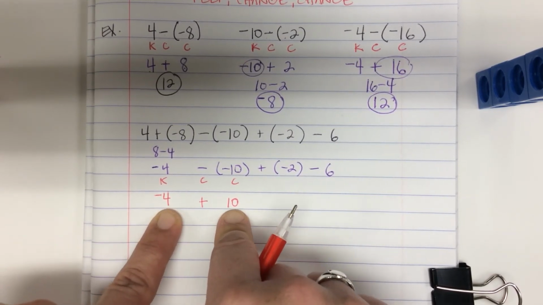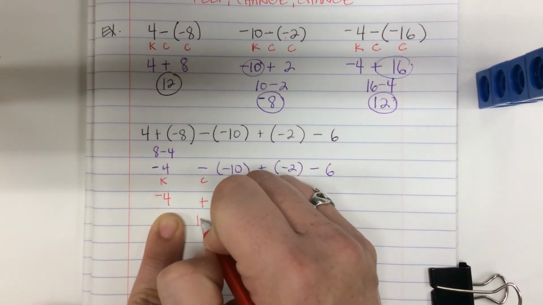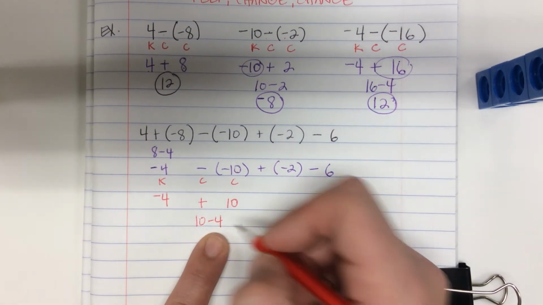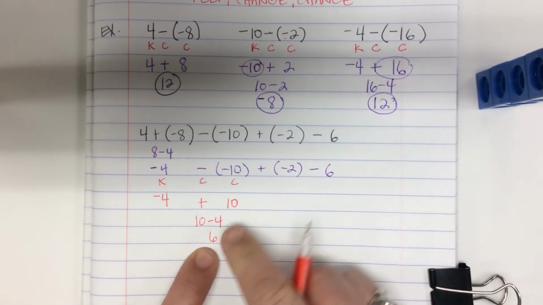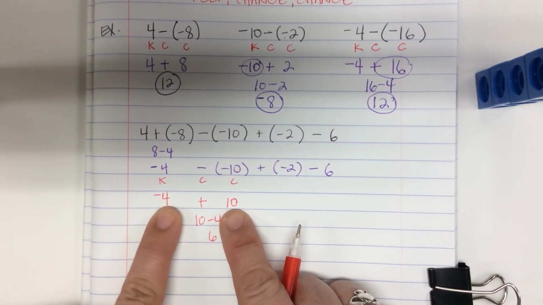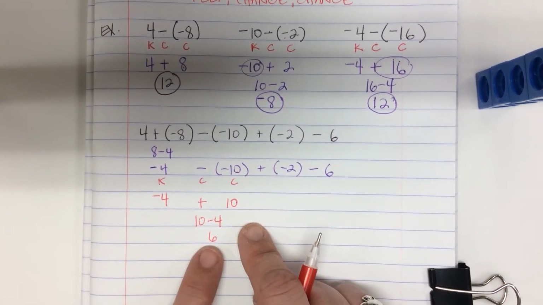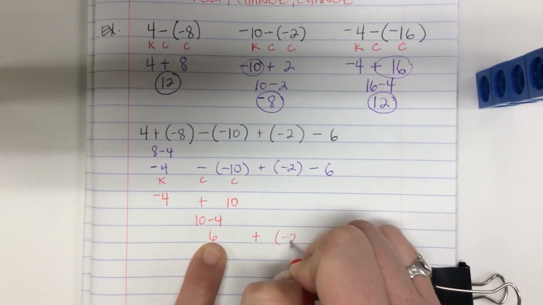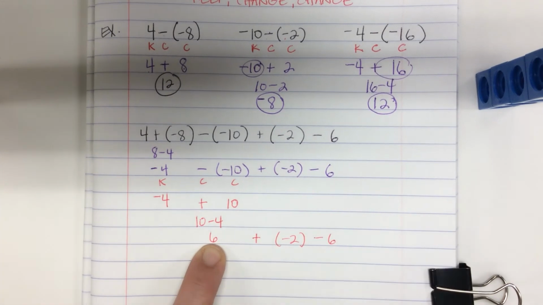Find the difference. 10 minus 4. 6. Greatest distance. Which one is the greater distance? 10, so it's positive. Write down the rest. Plus negative 2 minus 6.